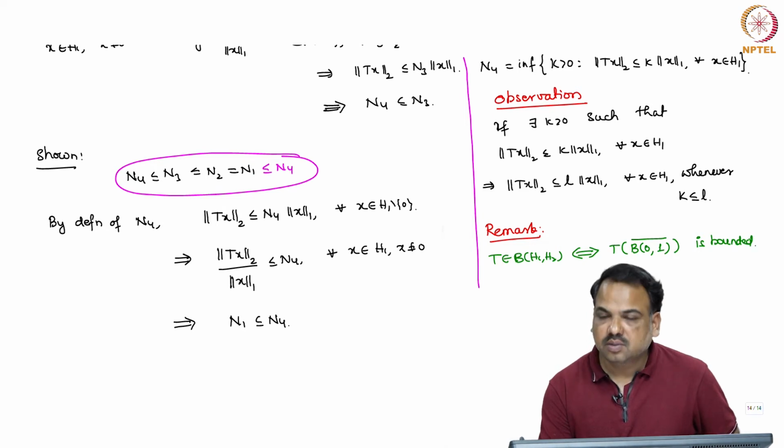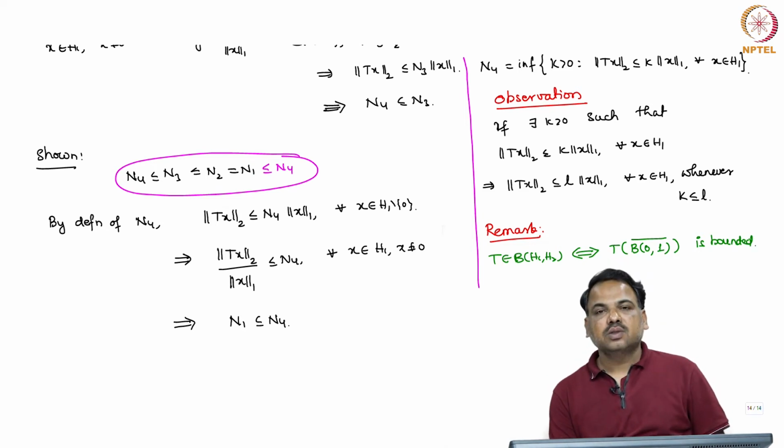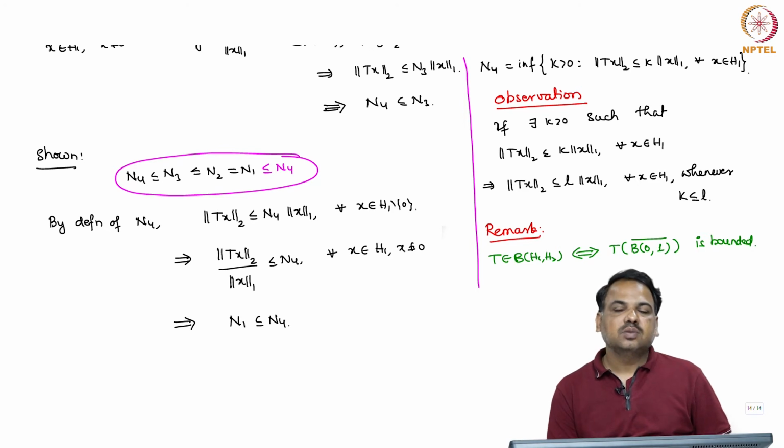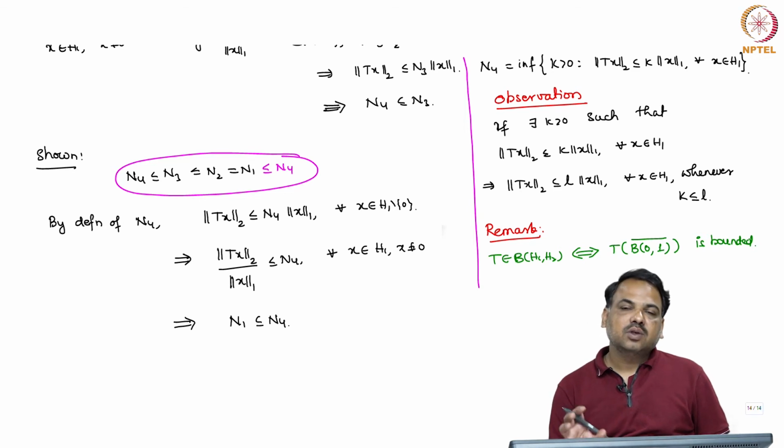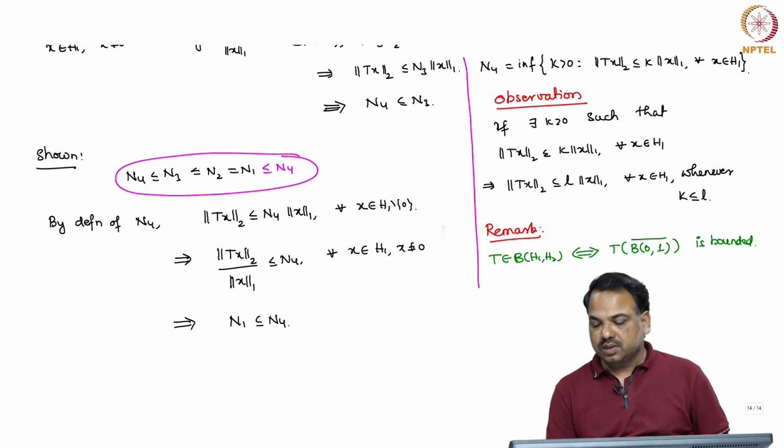Instead of looking at an arbitrary bounded set, we can always look at the closed unit ball, and if we are able to show that it is bounded under the image of T, then we can conclude that T is bounded, because any arbitrary set we can scale. If we have an arbitrary set B, we can scale the closed unit ball in such a way that the bounded set is inside the closed unit ball.